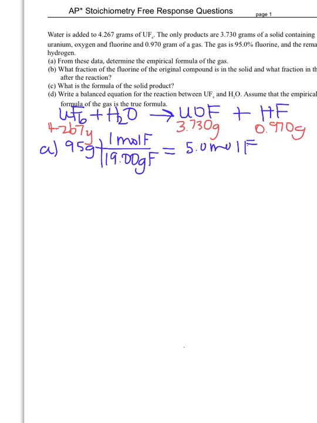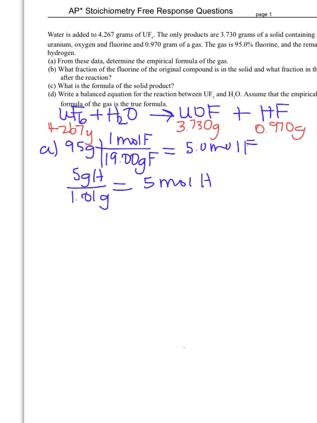I'm going to do the same thing with my hydrogen. If it's 95% fluorine and the remaining is hydrogen, that means that 5% is hydrogen. Percent to mass, so there's my mass. Mass to mole. If I have 5 grams of hydrogen and I want to convert it to moles of hydrogen, I'm going to divide by its molar mass, 1.01 grams. And 5 divided by 1.01, let's call that 5.